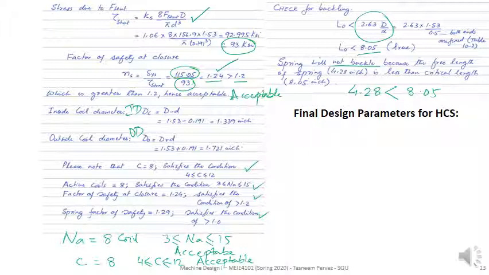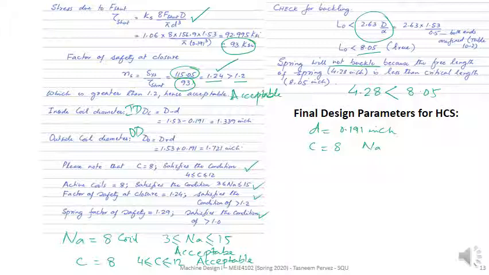So when I write now design parameter, I will say d is 0.191 inch, C is 8, active coils is also, if I remember, we got 8 coils, right?